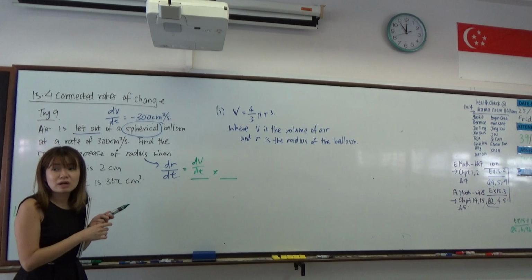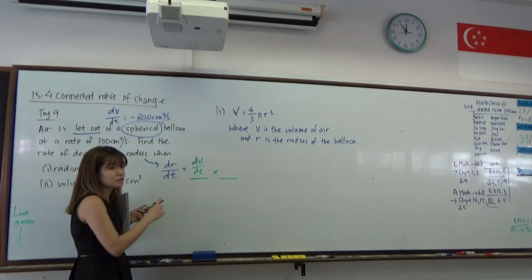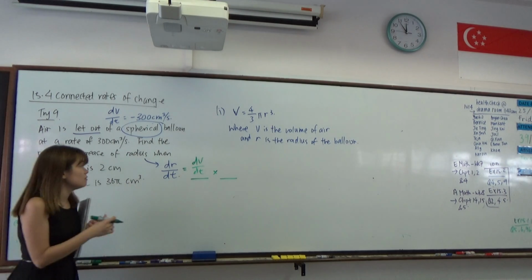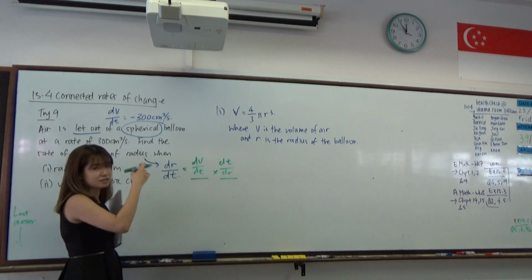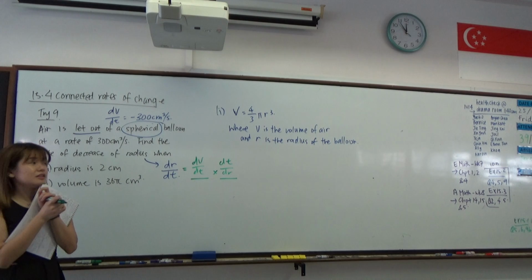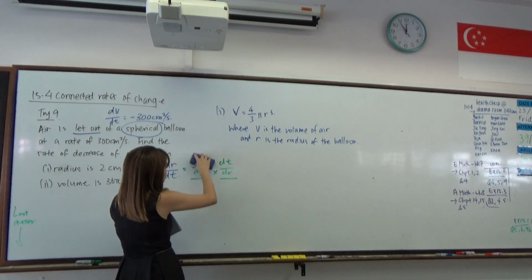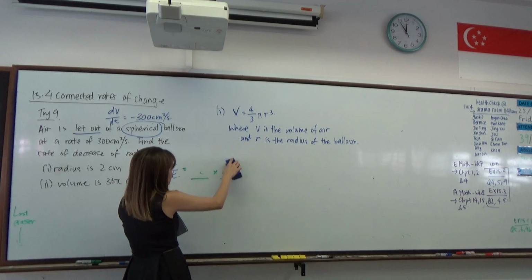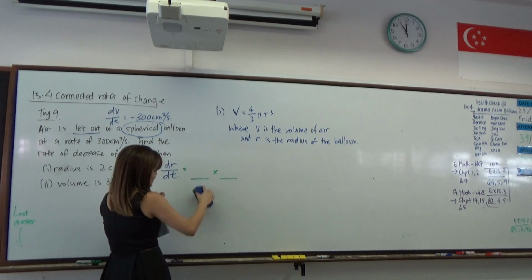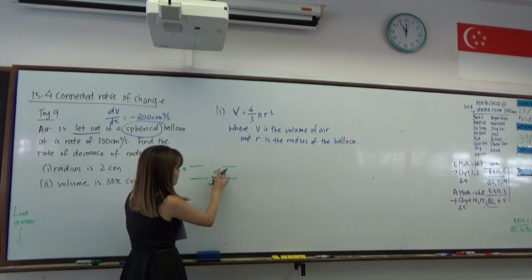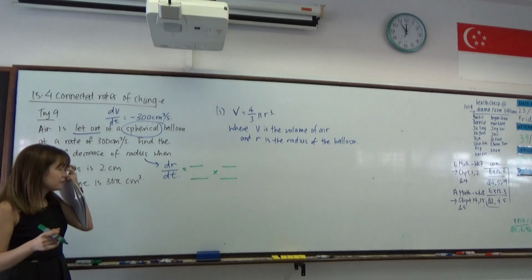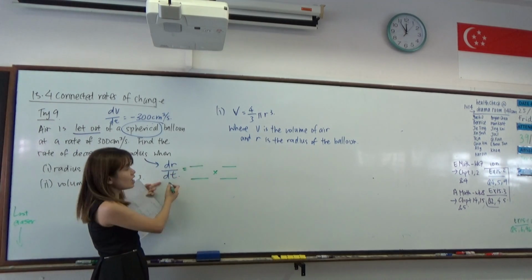Do we know how to create the two things here? It's surely a fraction, so we can see it as a fraction. Then we have dr and dt.